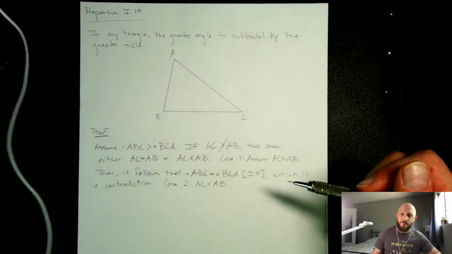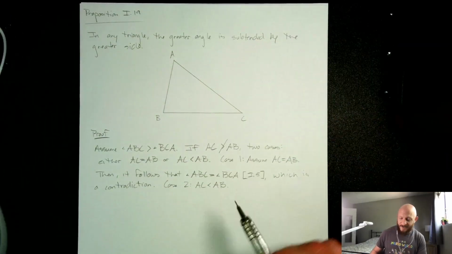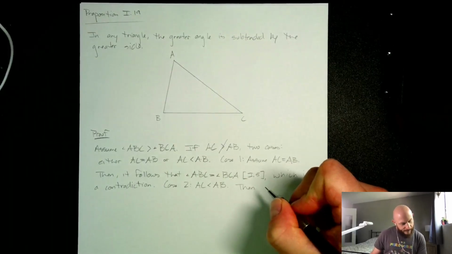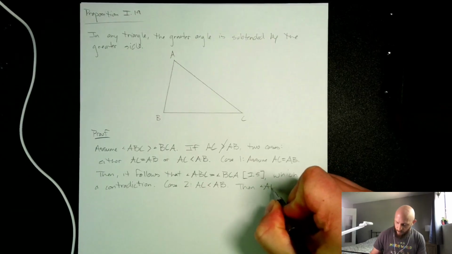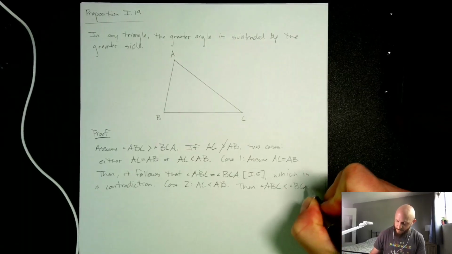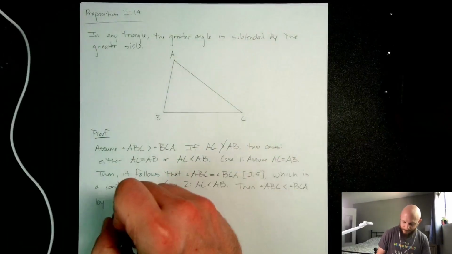Why is that true? Well, we have a proposition. So case 2, if AC is less than AB, then angle ABC would be strictly less than angle BCA by the previous proposition.